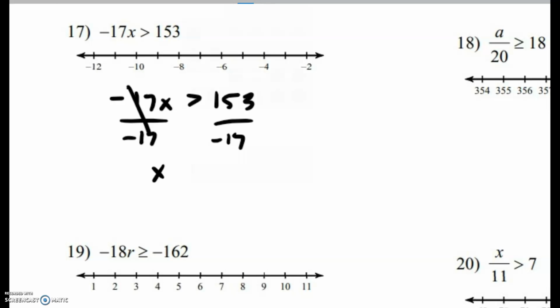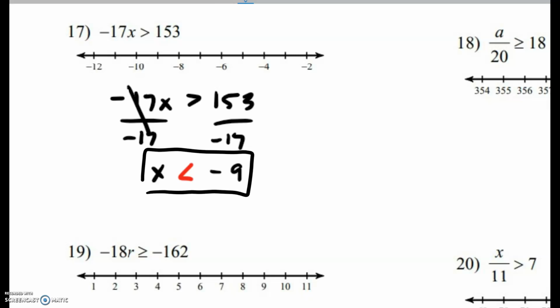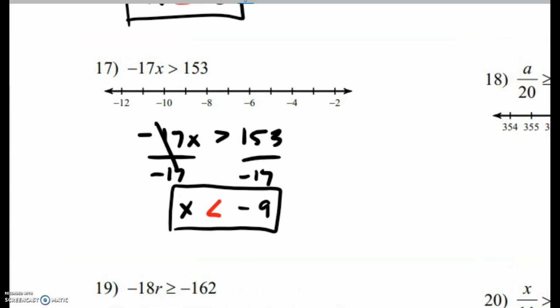Don't forget, when you divide by a negative, you have to flip the inequality, so I'm going to change this to a less than. And then if I take 153 divided by negative 17, I get negative 9. So my solution is x is less than negative 9. I'm going to go up to where negative 9 is. I'm going to put an open circle, and I'm going to put my arrow to the left, representing all numbers less than.